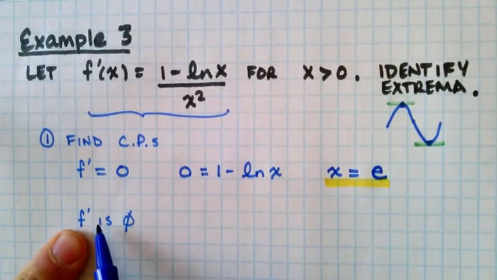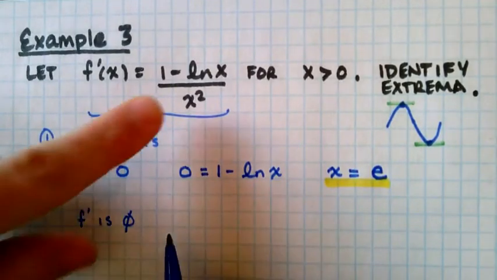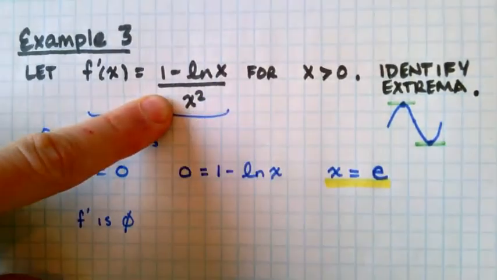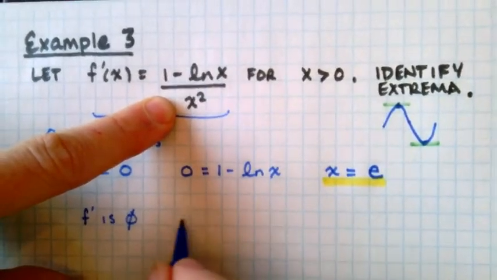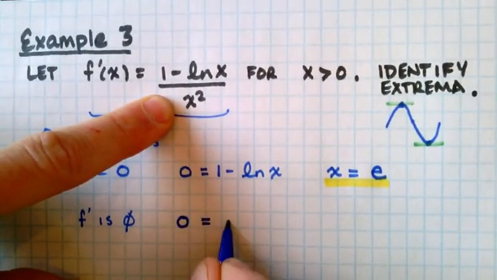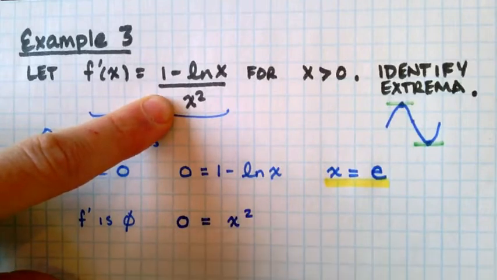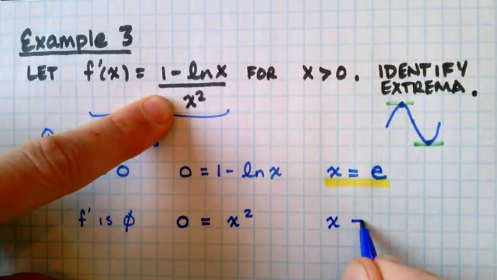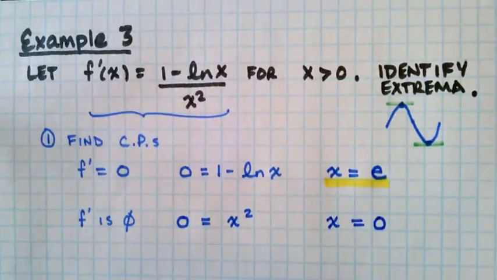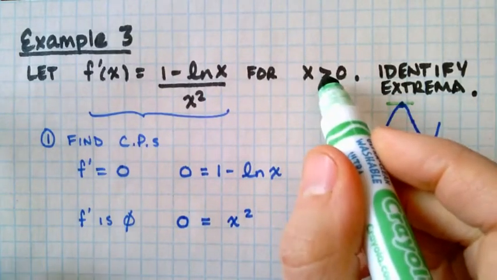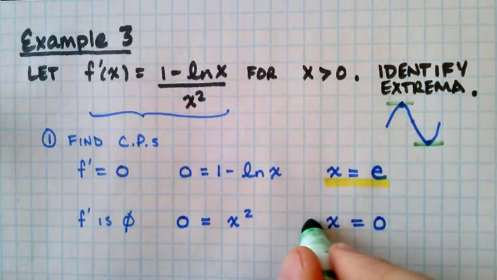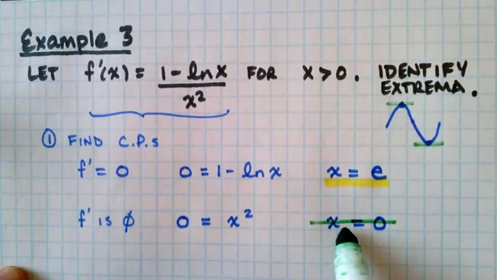What would make a derivative undefined? That will happen when the denominator is 0, because you can't divide by 0. So 0 is equal to x squared, which means x is 0. Now these would be our two critical points, except that the problem says we're only interested in x greater than 0. So I'm going to cross this one off.